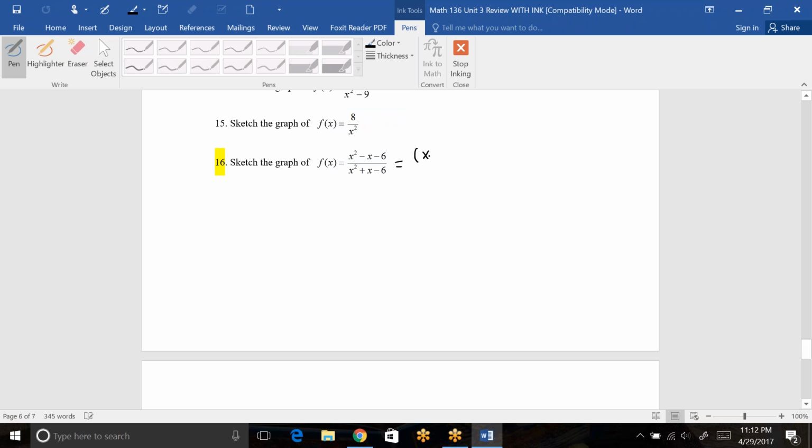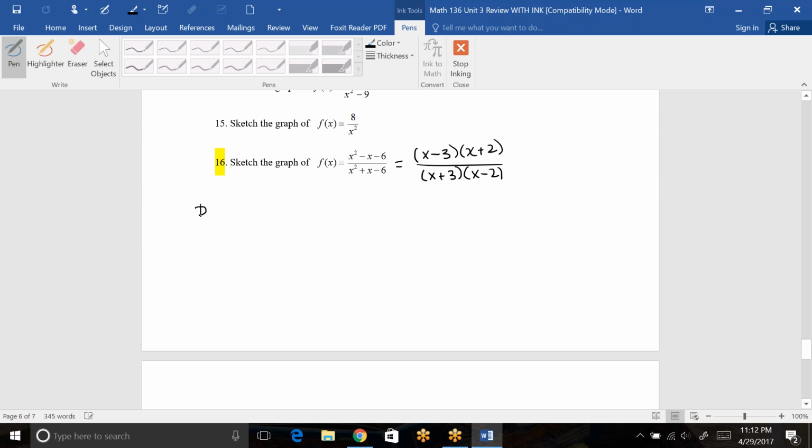So I would guess negative 3 and positive 2. On the bottom, it's the same thing, except now it's a plus in the middle, so it actually reverses their signs. So nothing is going to cancel in this because everything is completely different because of the signs. So that means that we have no holes.